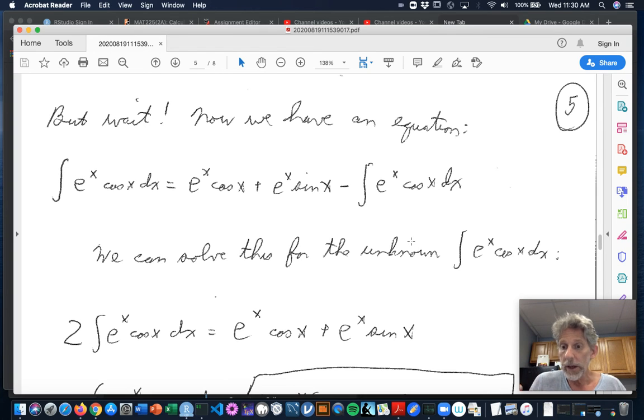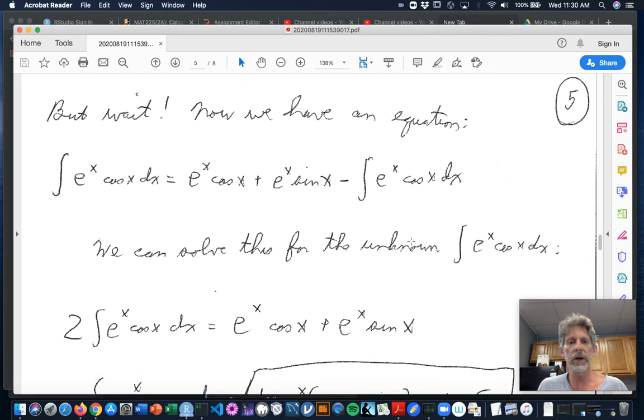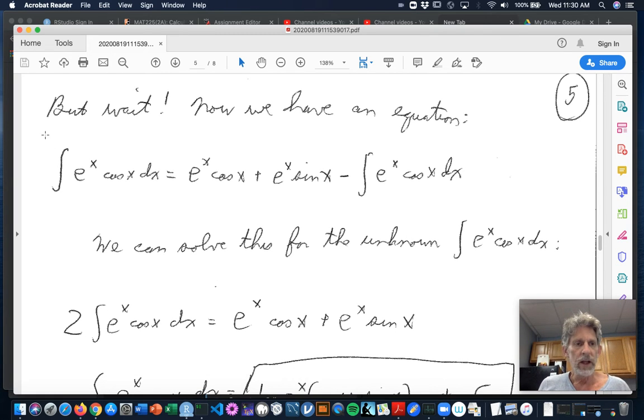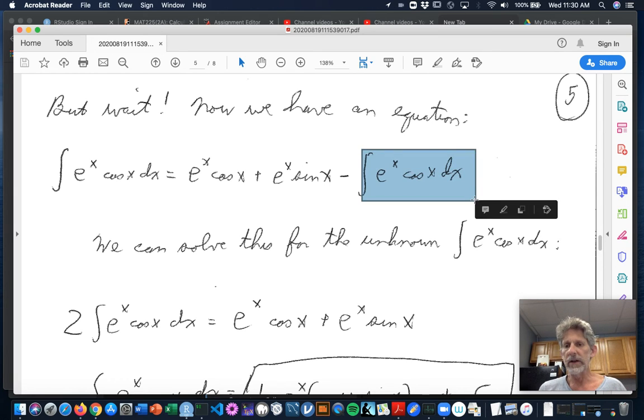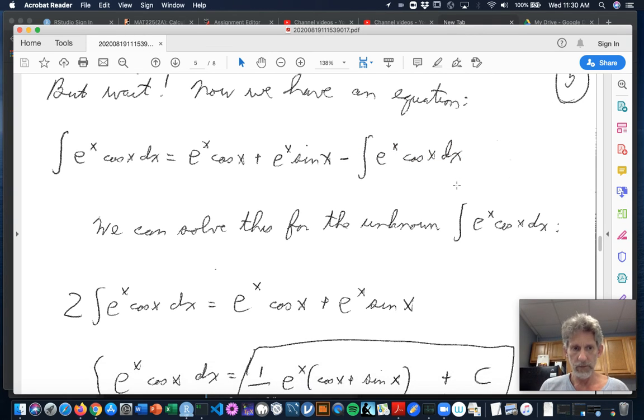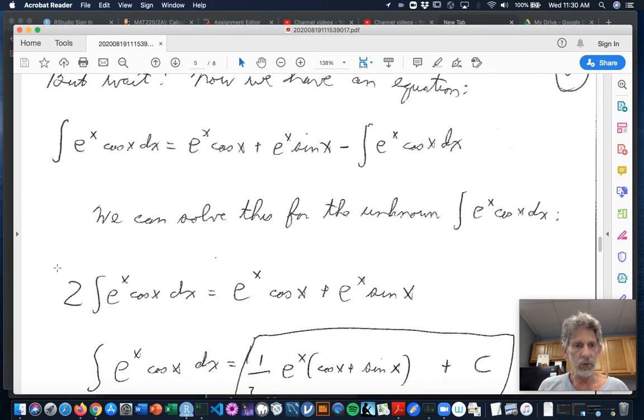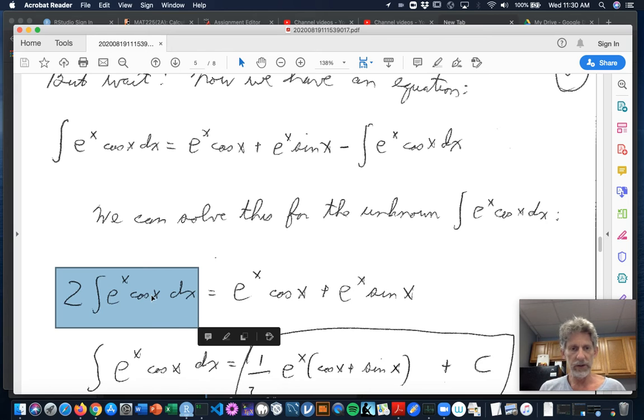Just like any equation with any unknown, like an unknown x back in high school algebra, you can try to solve that equation for the unknown. And so I'm going to try to do that. So I look at this equation and I think, what if I added the antiderivative of e to the x cosine x dx to both sides, okay? On the left, I'd get twice my unknown antiderivative.